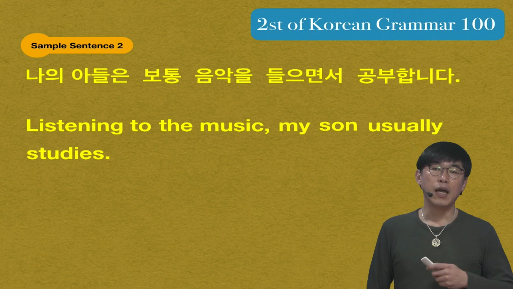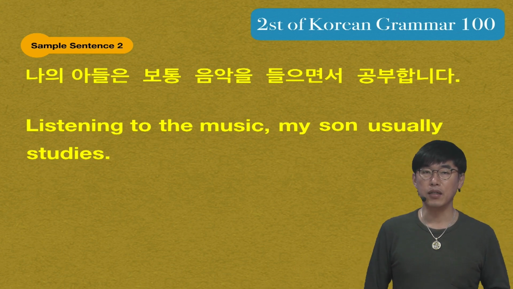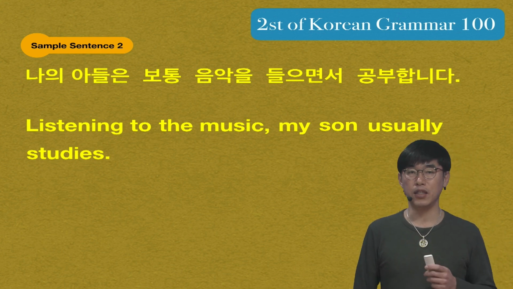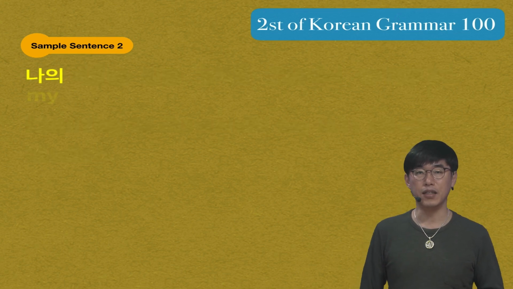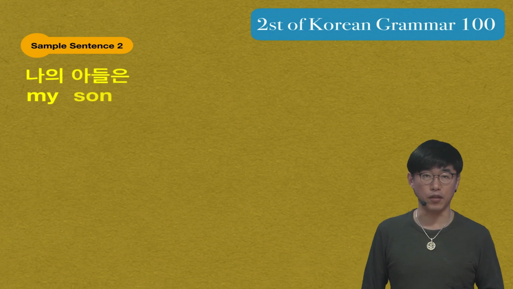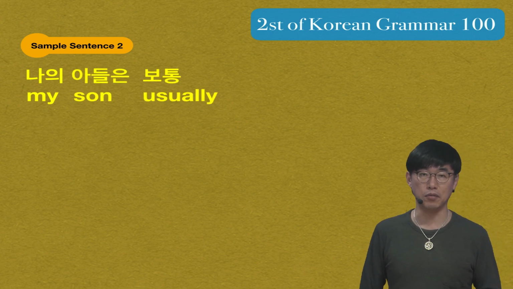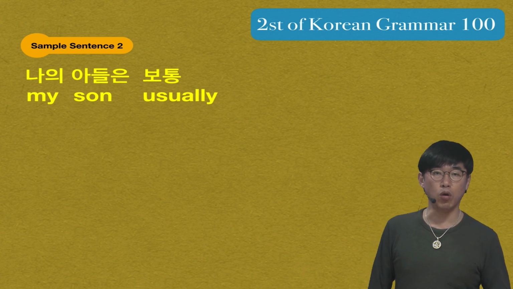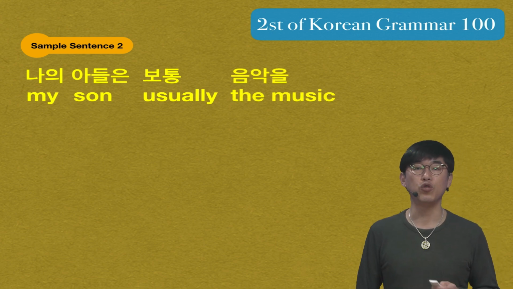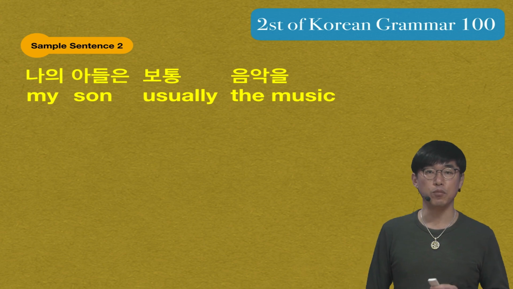Number 2. 나의 아들은 보통 음악을 들으면서 공부합니다. Listening to the music, my son usually studies. 나의 is my and 아들 is son. So 나의 아들 is the subject of this sentence and 은 is the subjective case. And 보통 is an adverb which means usually. And 음악 is music.